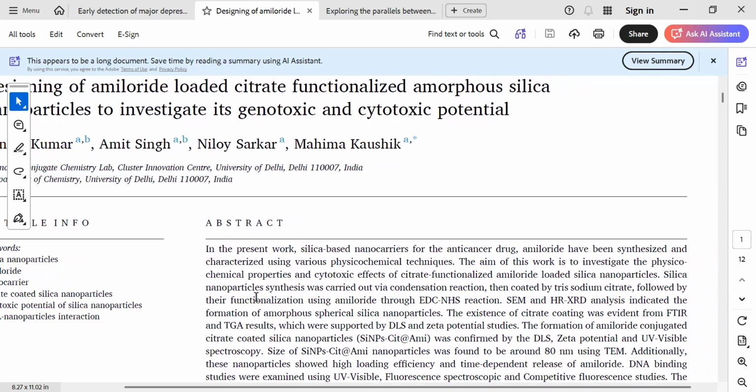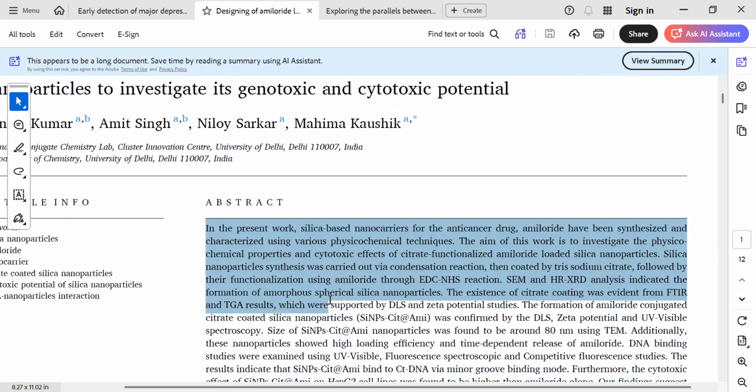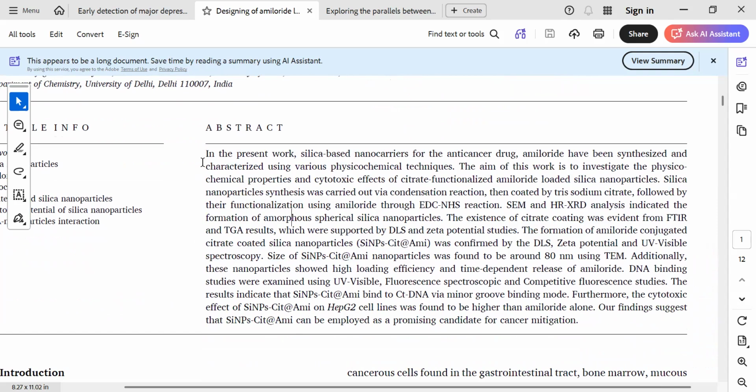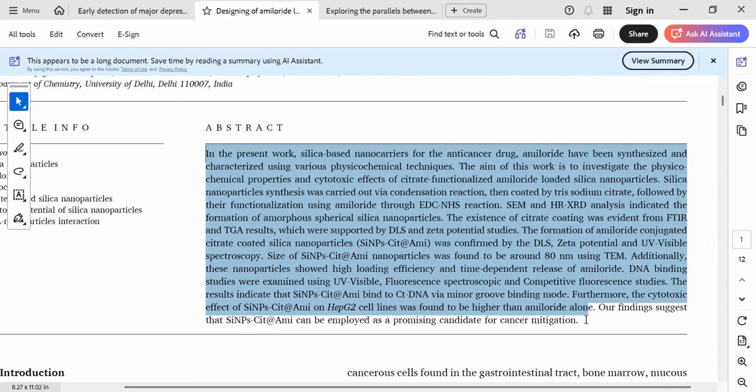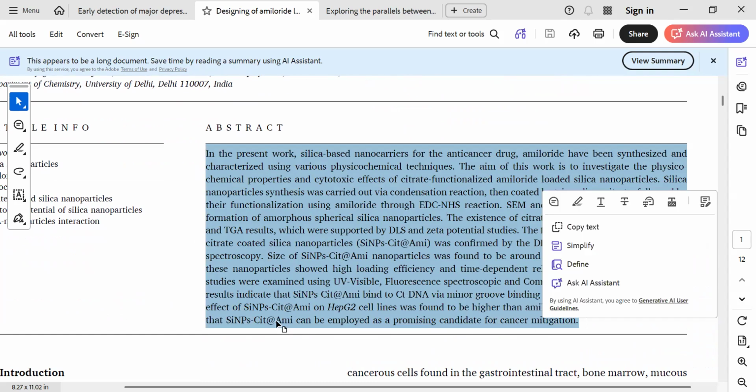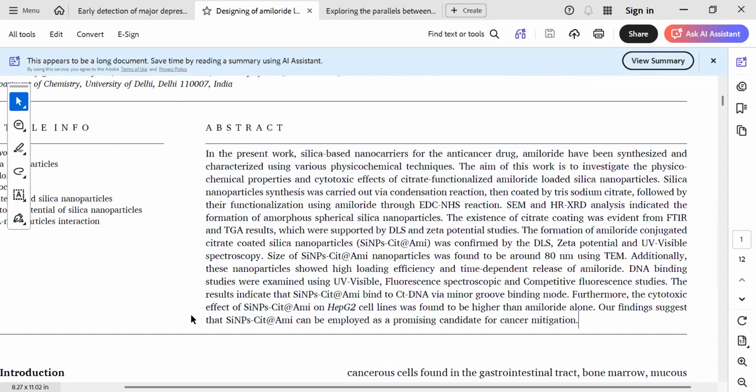Then this is the abstract of the paper, which means the summary of the paper. Usually the abstract starts with a one or two line introduction about the research area that you are going to talk about in more detail in the later sections.